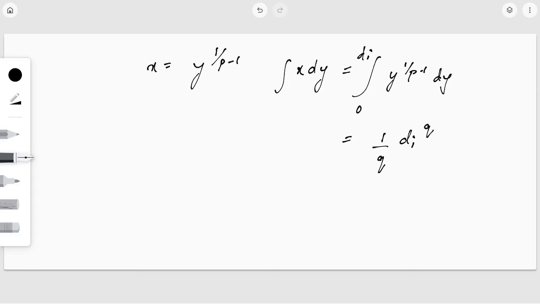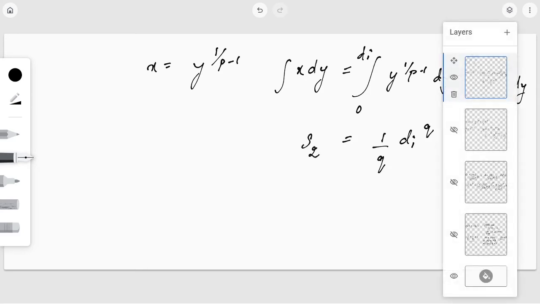You can just verify it, and a similar integration is easy. Here we substitute the value of 1 by p minus 1 to be equal to q minus 1, that is y raised to q minus 1, and we can integrate it in a similar manner just as we did before. So we obtain the value 1 by q into di raised to q, and we denote it by s2.